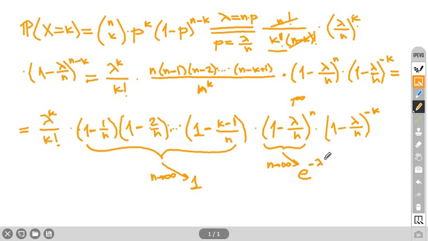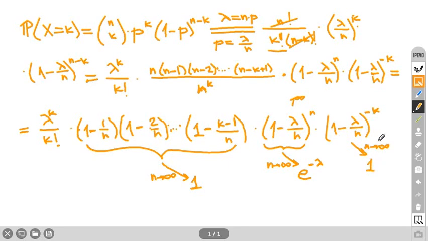This is a very important and famous limit. Now, when n tends to infinity, this tends to 1, and this is a fixed constant, so this will tend to 1.